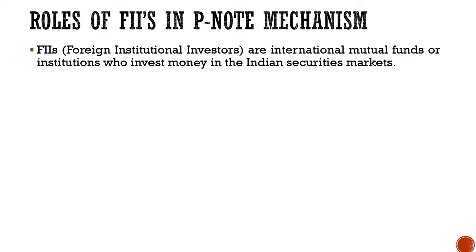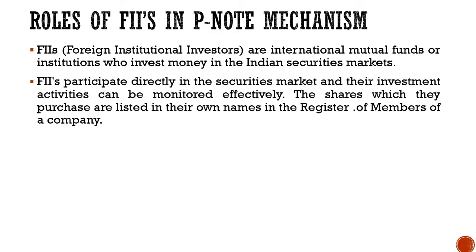Now let us go through the roles of foreign institutional investors in the P note mechanism. Number one, FIIs are international mutual funds or institutions who basically invest money in Indian security markets. Second, they participate directly in the securities market and their investment activities can be monitored effectively.